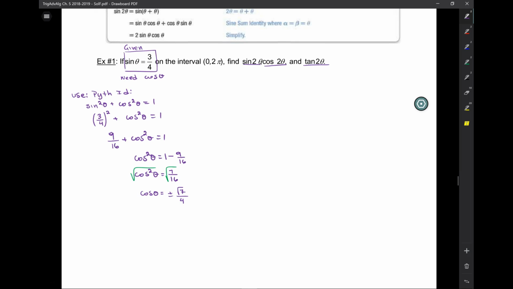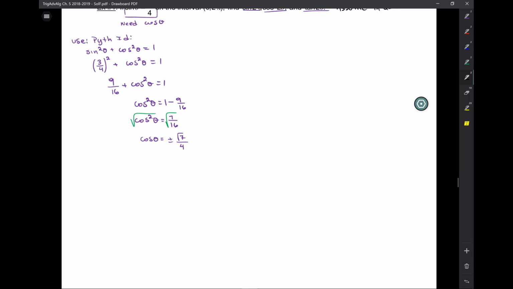Now, you should have been given information on how to choose the plus or the minus. Here, I'm just going to assume we're in quadrant 1. In other problems, you'll be given information. In quadrant 1, we take the positive, so cosine of theta is positive root 7 over 4.